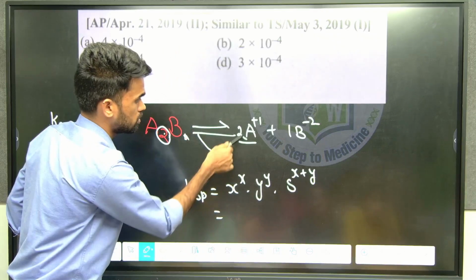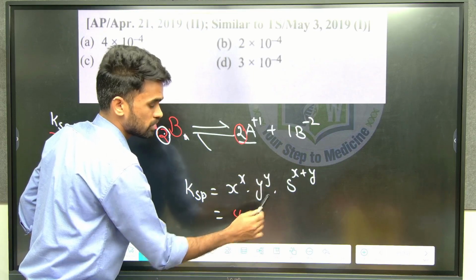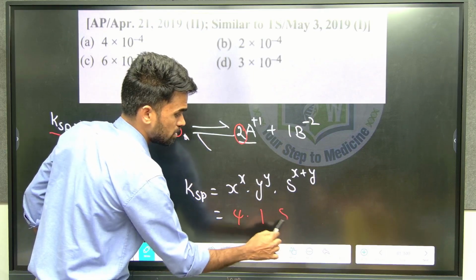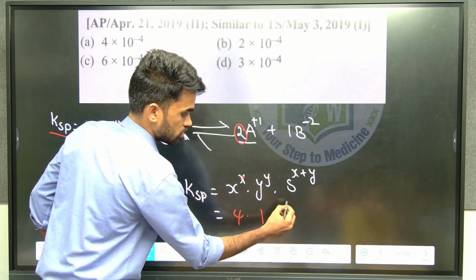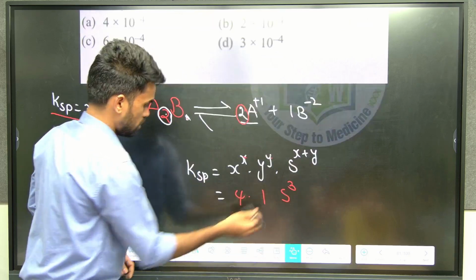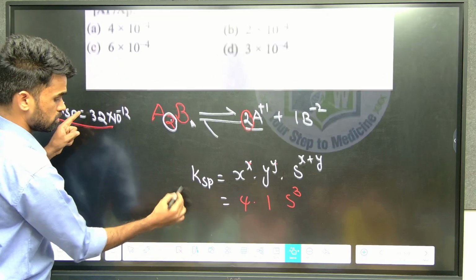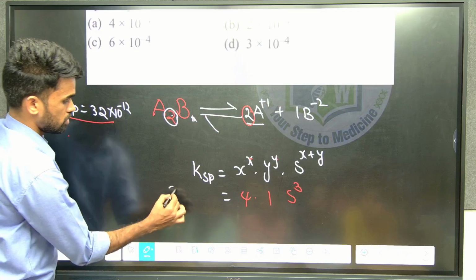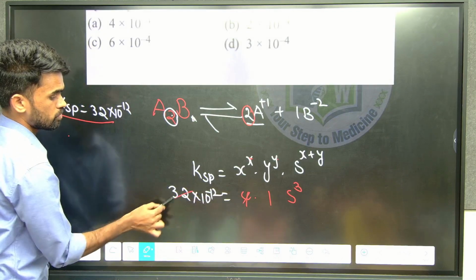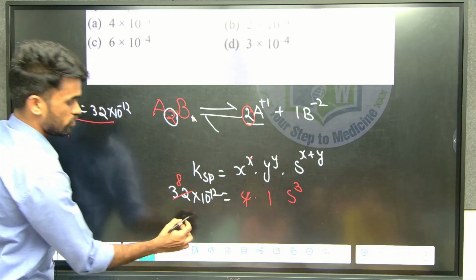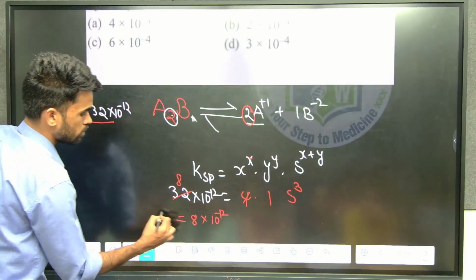Tell me, what is x? 2 to the power 2, that is 4. What is y? 1. What is s? s to the power 2 plus 1, that is 3. Is that right? This equals Ksp. What is Ksp? 32 into 10 power minus 12. So 4s cube equals that, and 8 into 10 power minus 12 equals s cube.